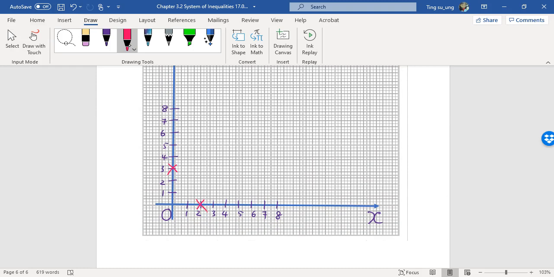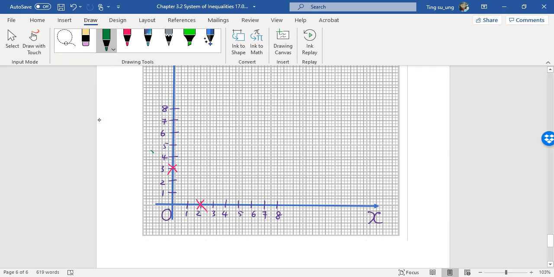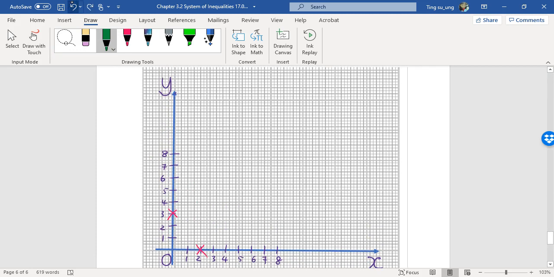If that's the case, do a straight line across it. It's not really straight, but for you, you must make it straight. Get a straight line across it. Already? And don't forget to name it.